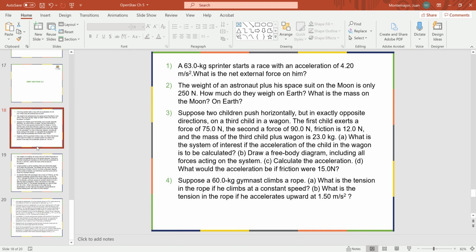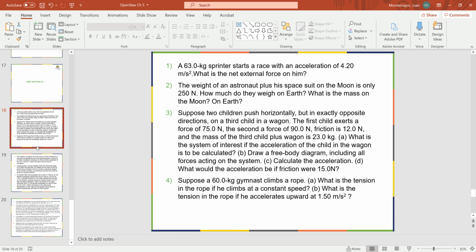Obviously, the system is the third child on the wagon. So you have a force pushing it, let's say, to the right at 75 newtons. Another force pushing it to the left at 90 newtons. So obviously, the third child's going to go more to the left because that has a greater force. But its friction force is going to be pointing to the right, right? Because it has a friction of 12.